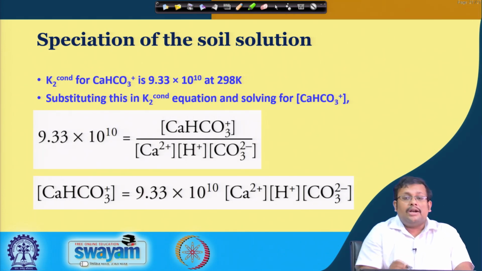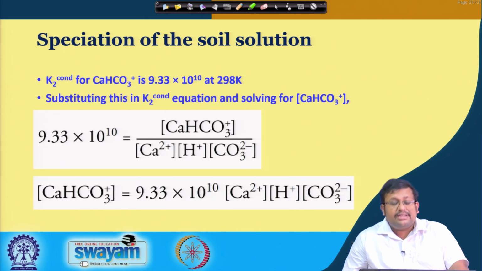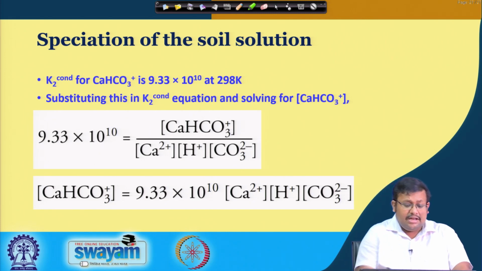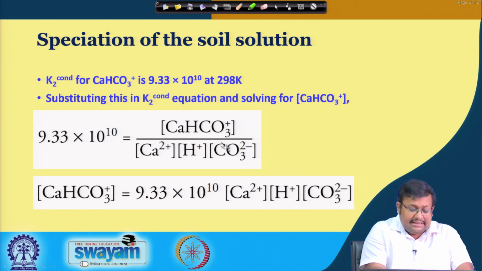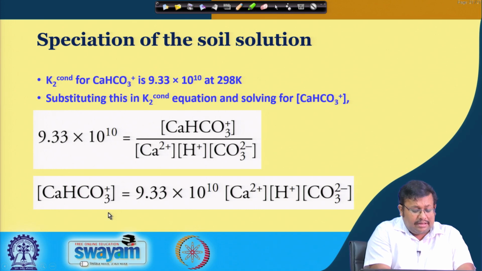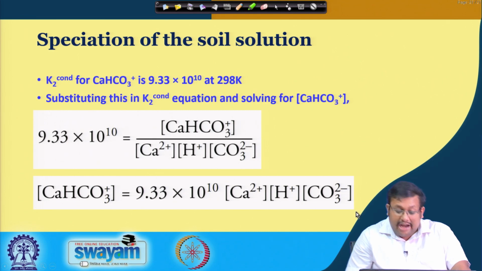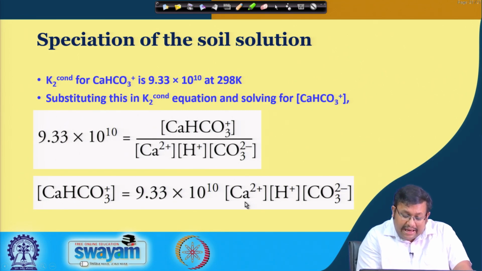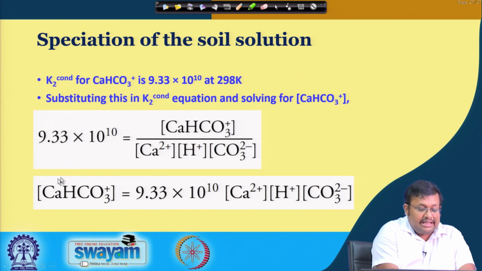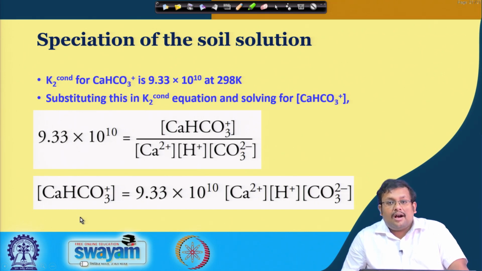If we know the conditional stability constant, which is 9.33 into 10 to the power 10 at 298 Kelvin, we can express the equation like this: the concentration of calcium bicarbonate equals 9.33 into 10 to the power 10 times the concentration of calcium, the concentration of H plus and the concentration of carbonate. If we input the concentrations of calcium, protons and carbonate, then we can calculate the concentration of that particular compound.